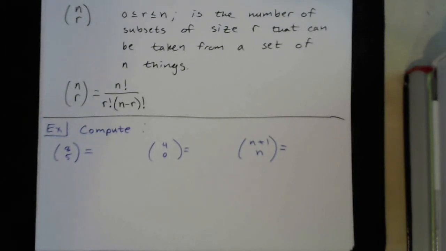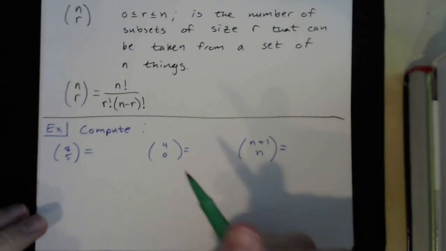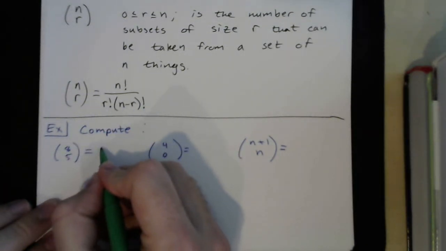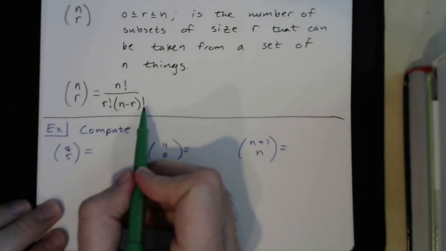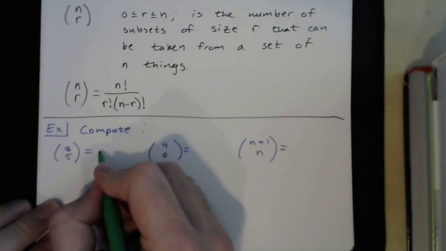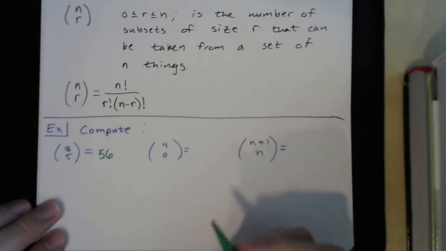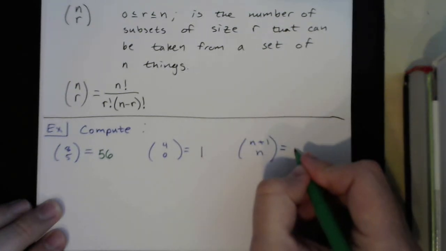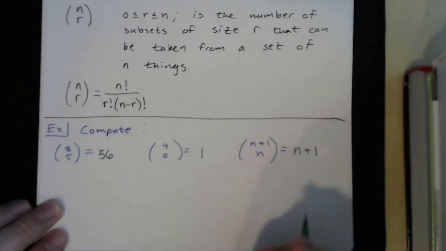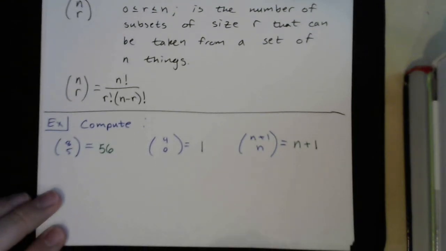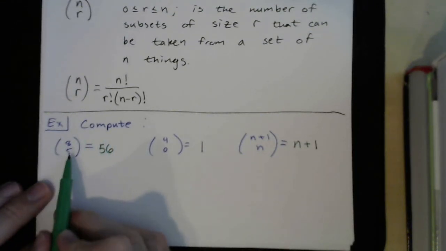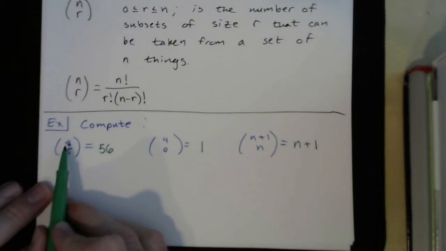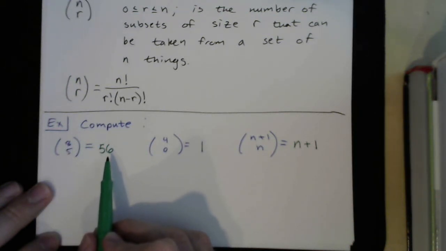Now you've unpaused, and the answers, because you're just setting this expression up and simplifying, are 56, 1, and n plus 1. So just to talk about what that means, the number of groups of 5 that I can make out of 8 people, there are 56 of them.